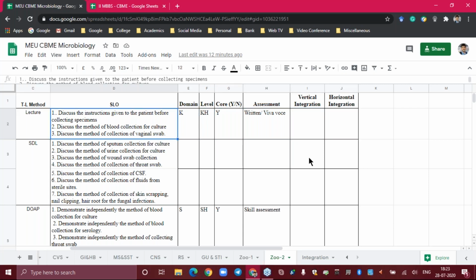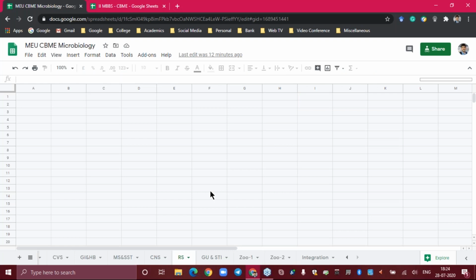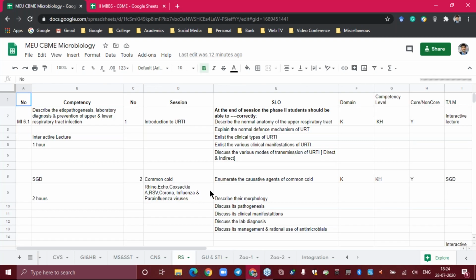Don't right now decide that this portion is going to be taken by pathology, right? As for example, in some of our objectives, we have already stated that this is going to be taken by microbiology, this is going to be taken by pathology, but still we are not sure what they are going to take.